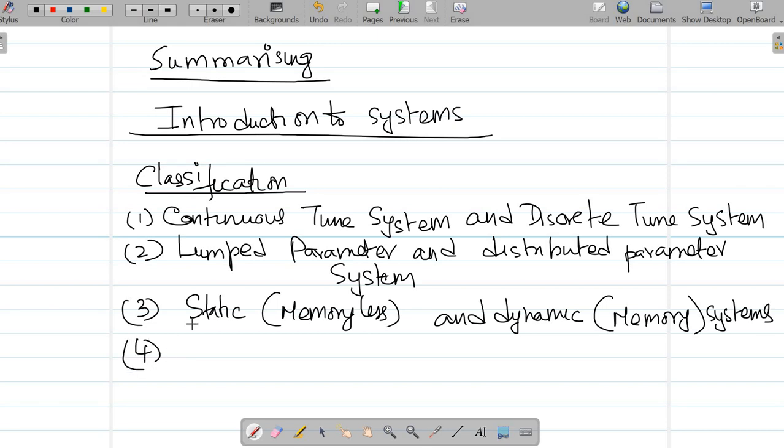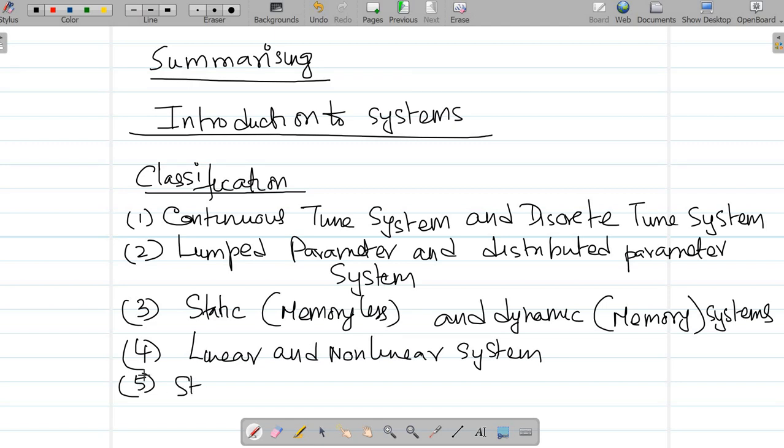Then we saw what is meant by a linear system, linear and non-linear system. Then we saw stable systems and unstable systems. In fact, we saw first the stable and unstable systems, and then we saw the linear and non-linear systems.